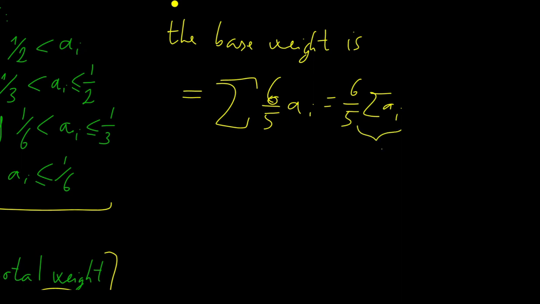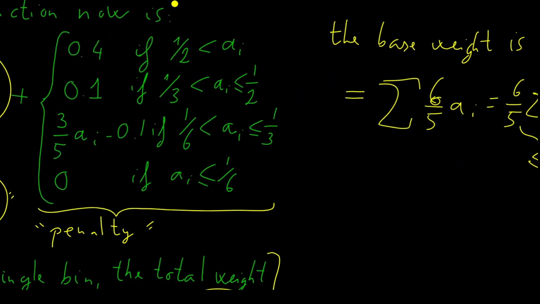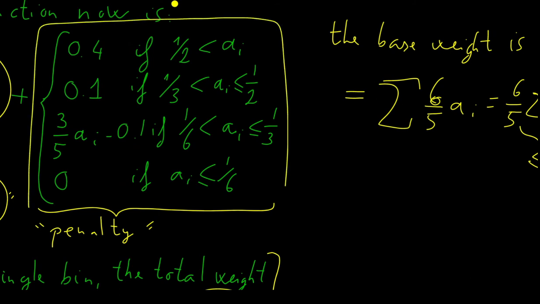And this thing here is of course at most 1, because there's a size limit, so this is at most 6/5, which is 1.2, which means that we only have to show that the total penalty is at most 1/2.